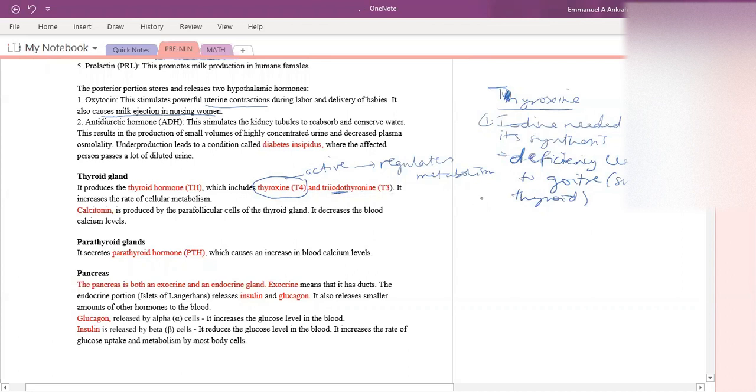The other thing I want to mention here is that if somebody is deficient in thyroxine, two words I want to bring up. The person will have what we call hypothyroidism. I believe you've heard that word. Hypo means low, right? So here, low level of thyroxine.